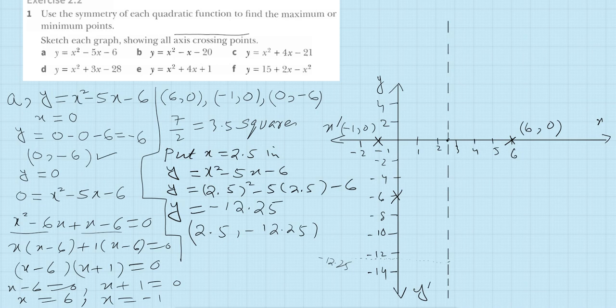So this is the point. Now join all the points without the help of a scale, just freehand. Okay, then you will see a smooth curve, a parabola.